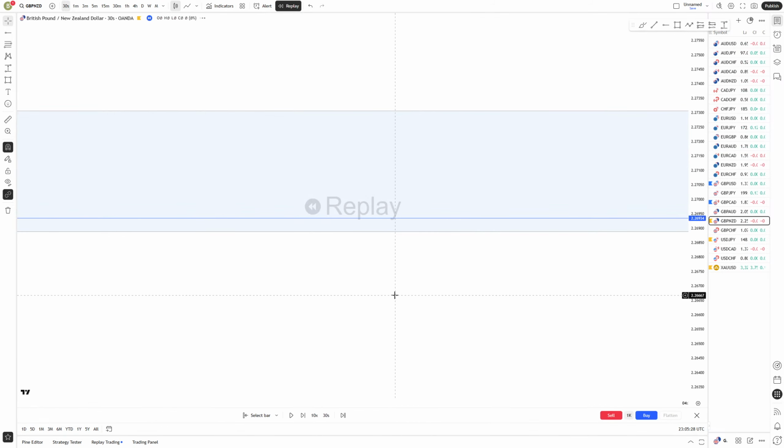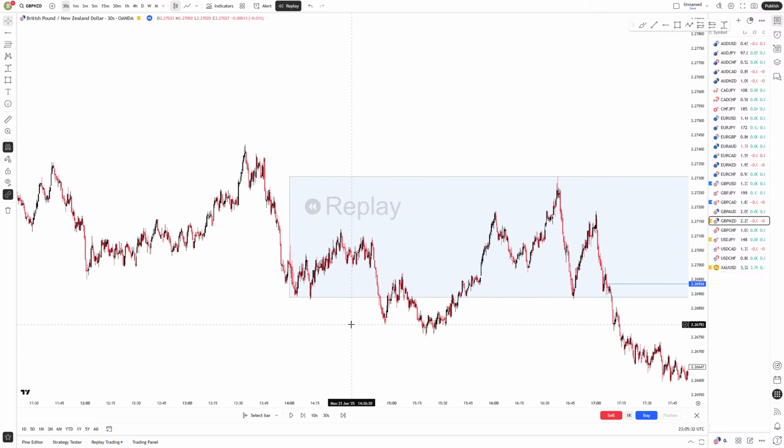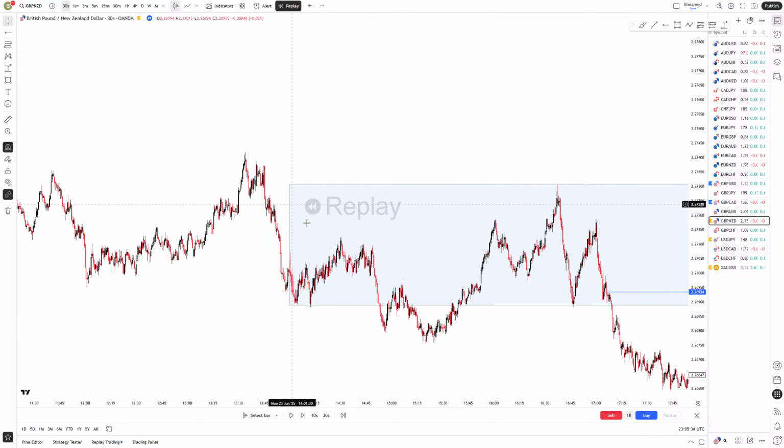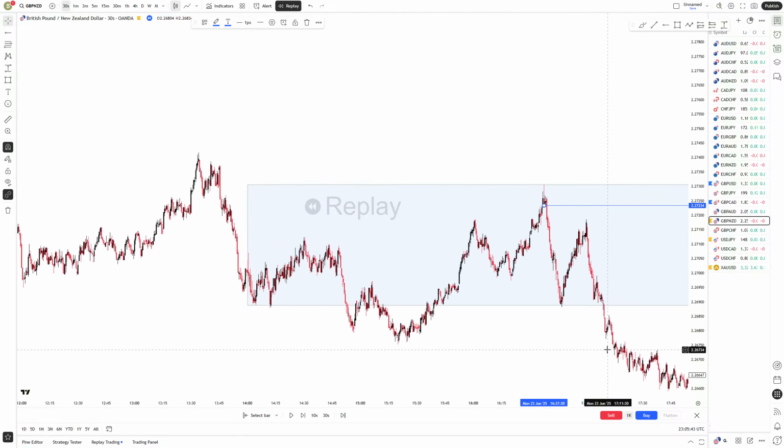Let me try to go back to 30 seconds. In the 30 seconds, as we can see here, this was already consumed, but we were having this inside formation here which was not yet consumed.